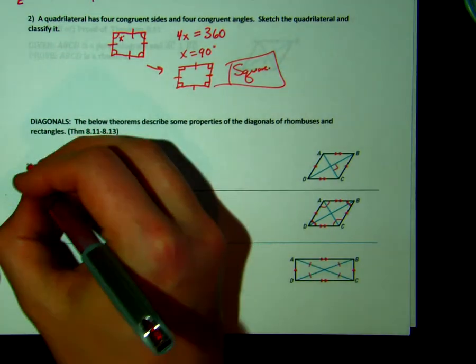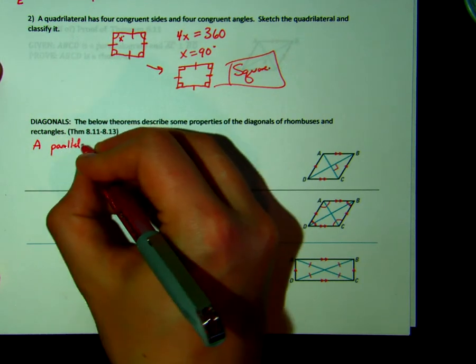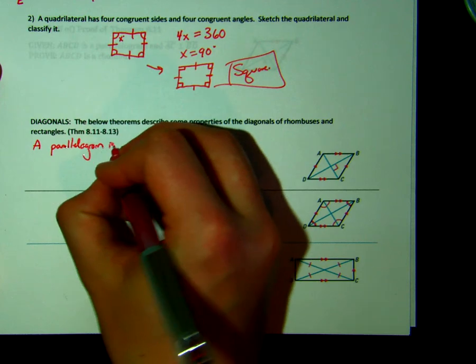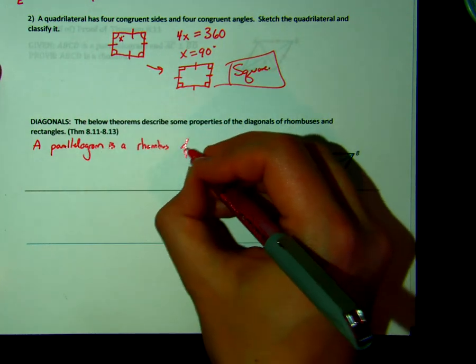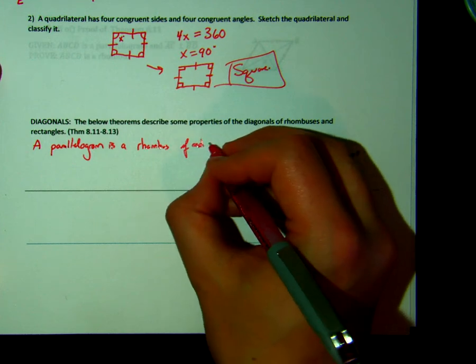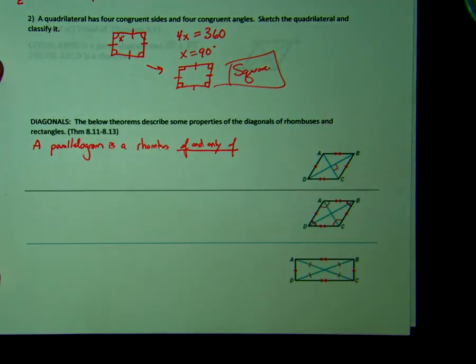You can actually determine if it is a rhombus by using one of these properties here. So a parallelogram is a rhombus, okay, if and only if, so if and only if, remember, that means that this is a biconditional statement.